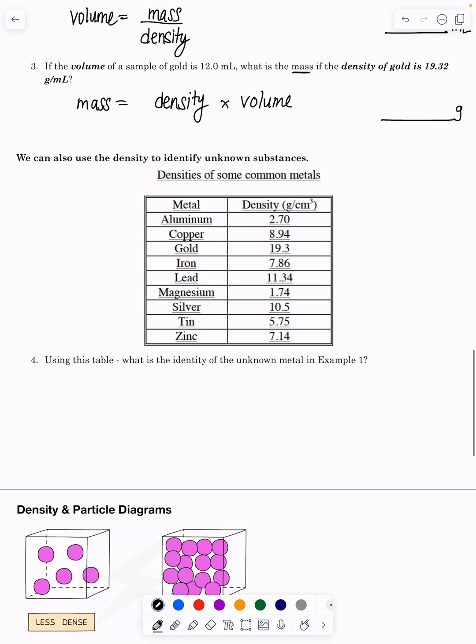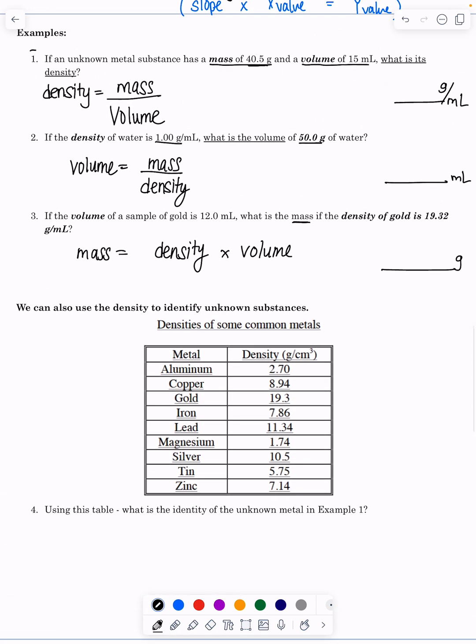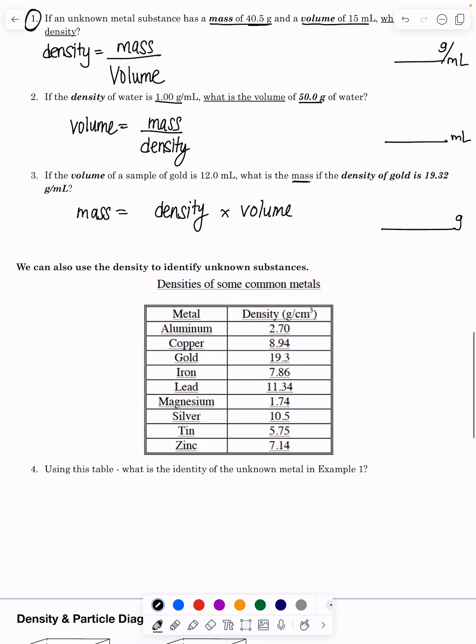Then look at the last one here. We can also use the density to identify unknown substances. So using this table, what is the identity of the unknown metal in example 1? So here is example 1. When you calculate its density, you can compare it to the table right here. Whichever density it matches is its identity.